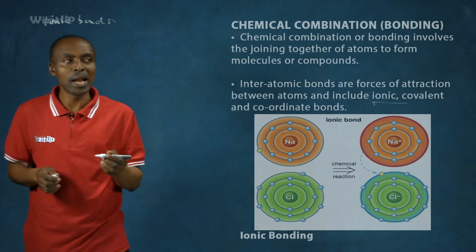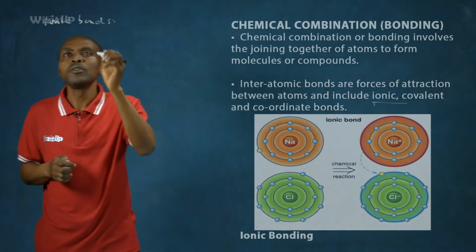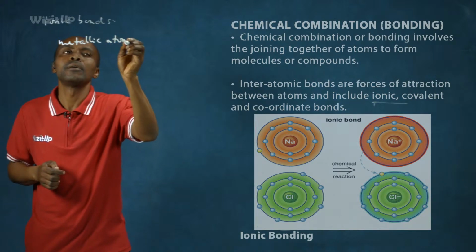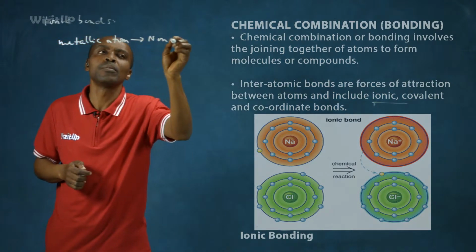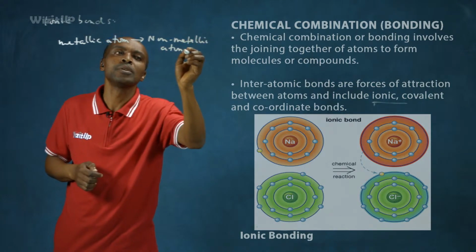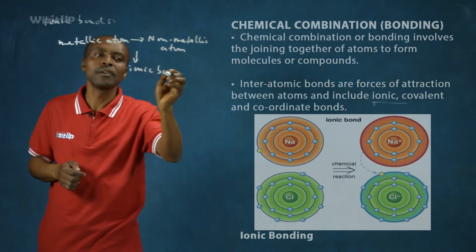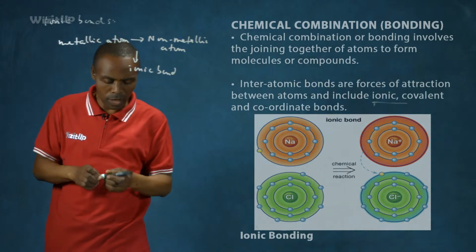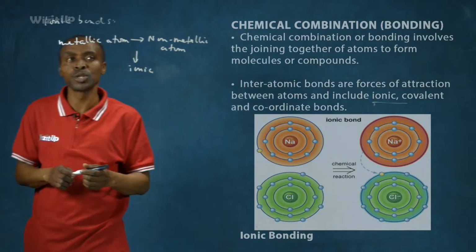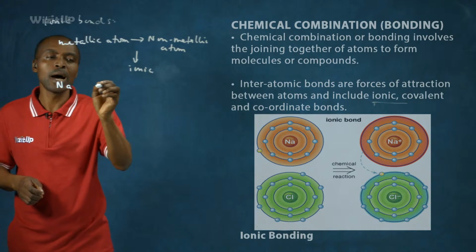I repeat, an ionic bond involves the transfer of electrons from a metallic atom to a non-metallic atom, to form an ionic compound, or to form ions. Good examples occur with sodium and chlorine.